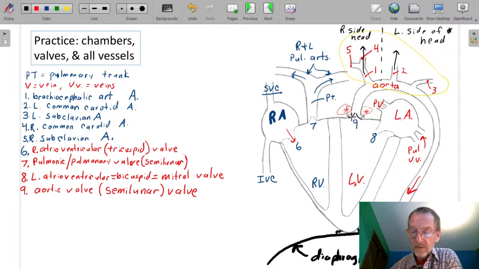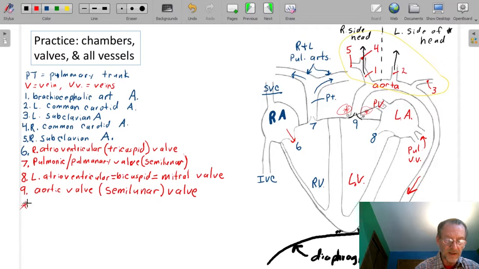So that's a little easier to see perhaps. Forget that line that just appeared. But those are the beginning, the openings to the right and left coronary arteries.